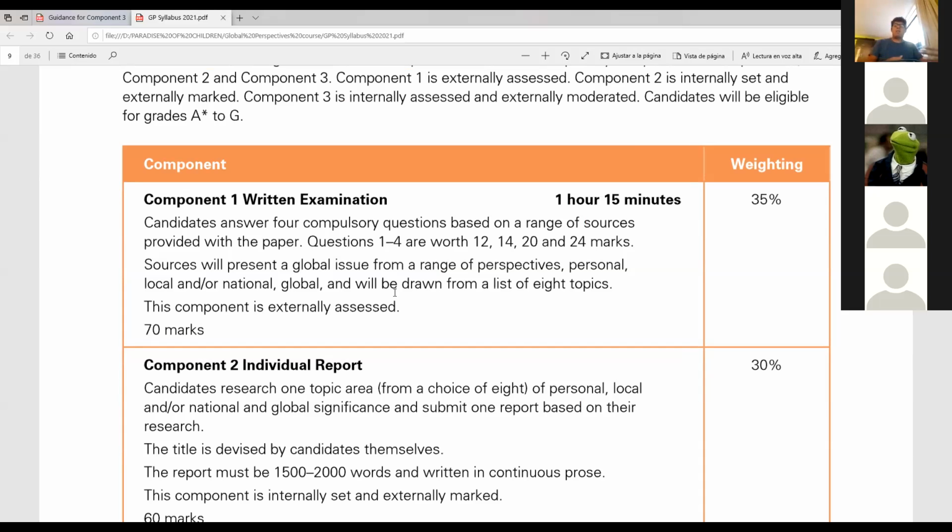When we read the different paragraphs of information, and when we read and decided which was the national perspective, which was a local perspective, which was a personal perspective, or which was a global perspective. All of those activities, what is a value judgment, what is an opinion, what is a prediction, everything, all of those are coming in the written examination.